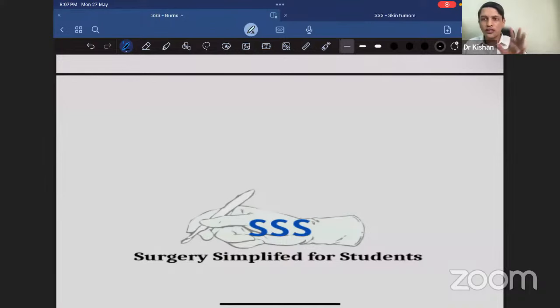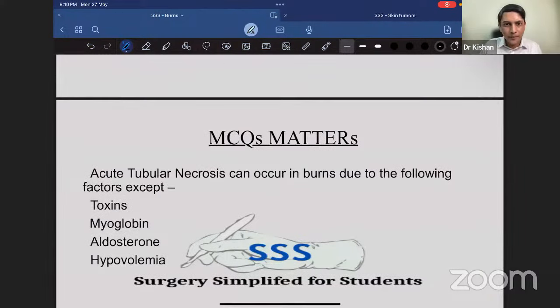Pathophysiology and clinical features, you don't need to worry. The other 2 that can be asked are electrical injury and inhalation injury. Inhalation injury is mainly asked as an MCQ, not in theory. In theory, sometimes chemical injury can be asked, just to know it can also result in systemic effects as well.